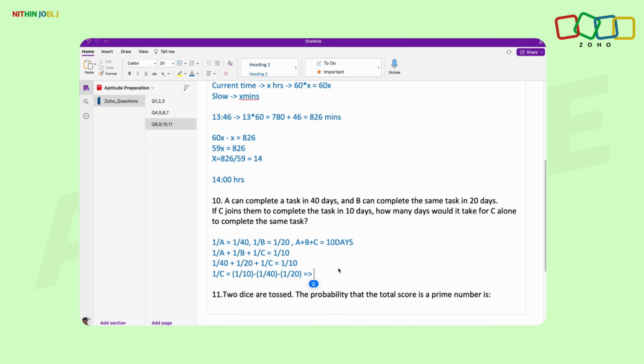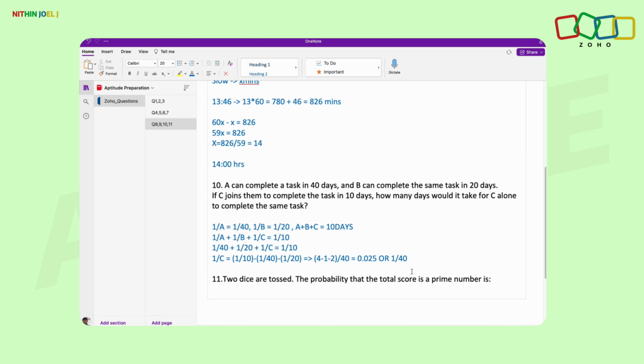So we will have 4. So 1 by C will be 4 minus 1 minus 2 divided by 40, which is equal to 0.025, or else it is called 1 by 40, which is exactly the same answer as A. So C alone takes 1 by 40 for completing the work.